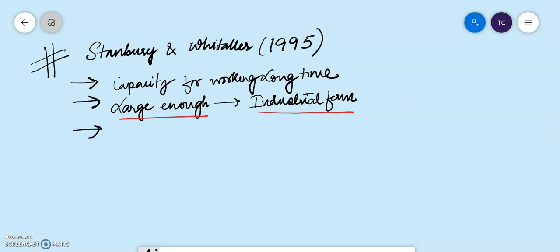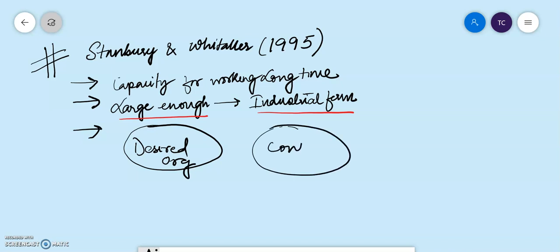Next, the bioreactor should be designed to exclude the entrance of contaminating organisms as well as contain the desired organism. So two important things come up here: your desired organism and contamination. You have to stop contamination and facilitate the growth of the desired organism.